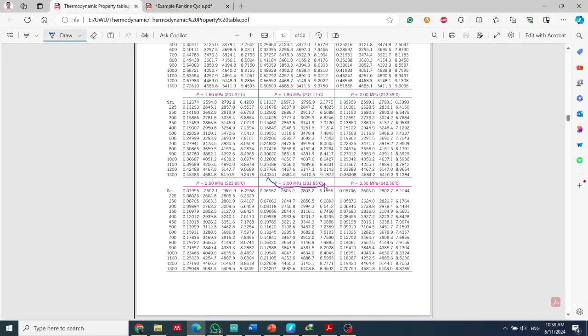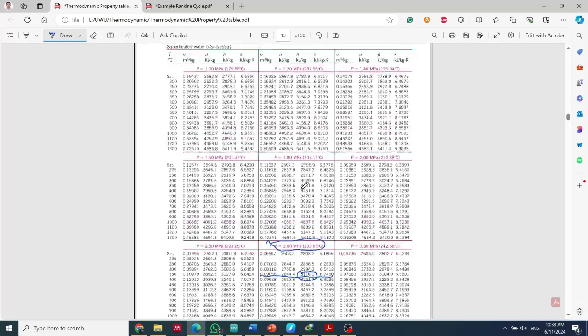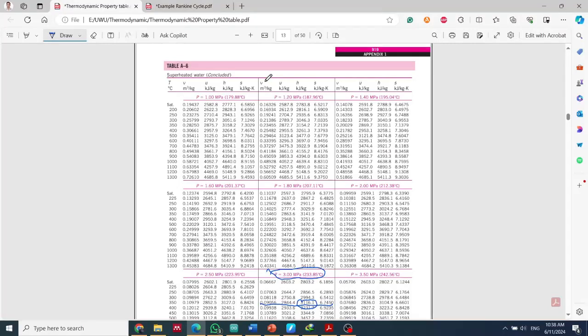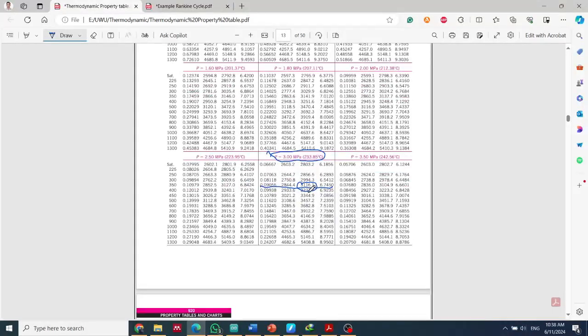Pressure is 3 megapascal and temperature is 350, so we are referring to this line. With that we can straight away get the enthalpy as 3116.1. Why? Because the third column is the enthalpy, after specific volume and internal energy.